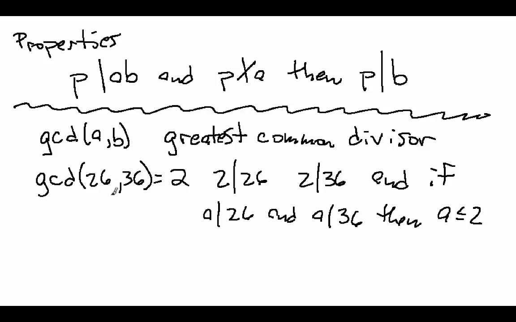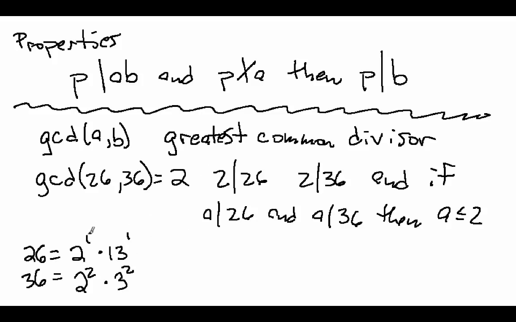Now, how do you find the greatest common divisor? And we're going to talk about how we find the greatest common divisor several ways, but one way to find it here is I'm going to look at the prime factorization. 26 is equal to 2 to the first times 13 to the first. And 36 is equal to 2 squared times 3 squared. Now the way that I find the greatest common divisor, it's a very simple trick.